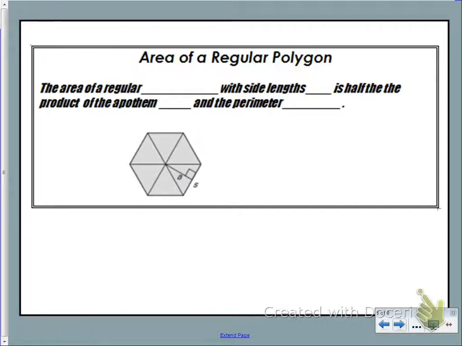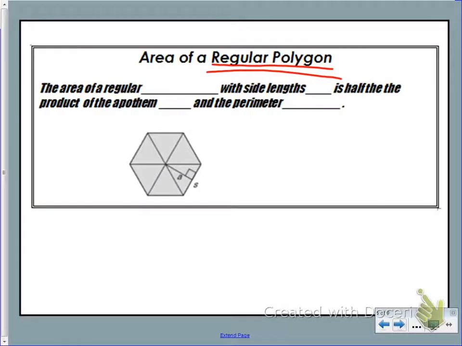Alright, let's look at the formula we're going to be using today. This is the area of a regular polygon. Up until now, all of our formulas were specific for maybe a parallelogram or a triangle. This particular formula works for all regular polygons. So if it's a regular triangle, a regular quadrilateral, or a square, regular pentagon, etc. It works for all regular polygons.